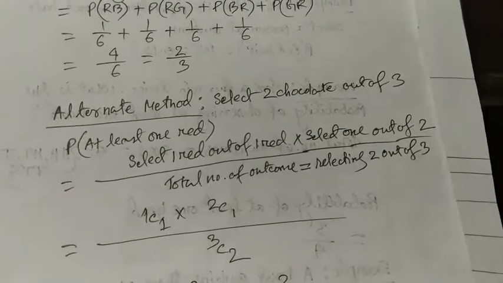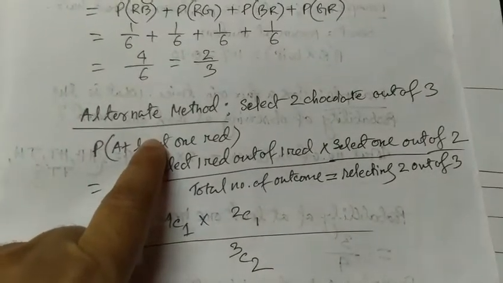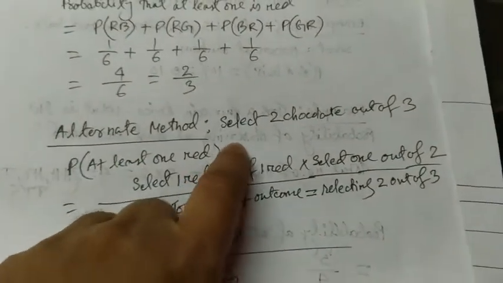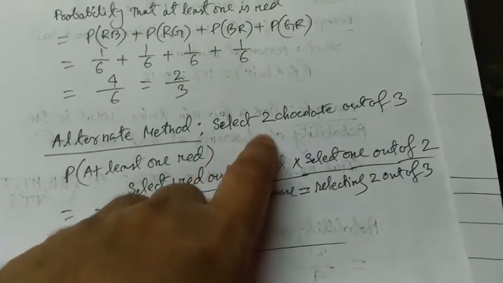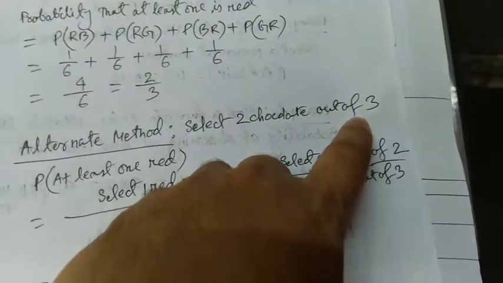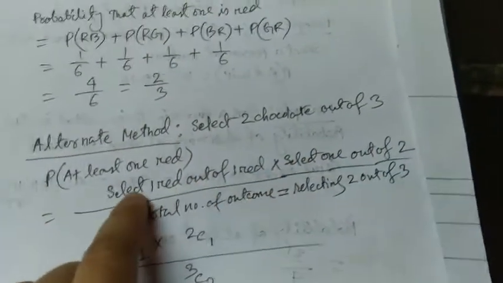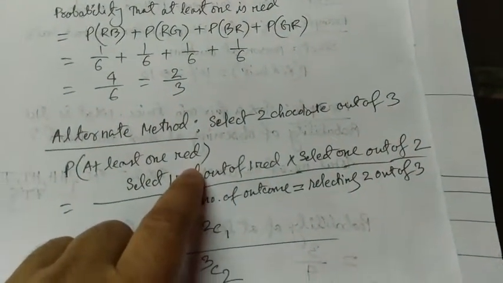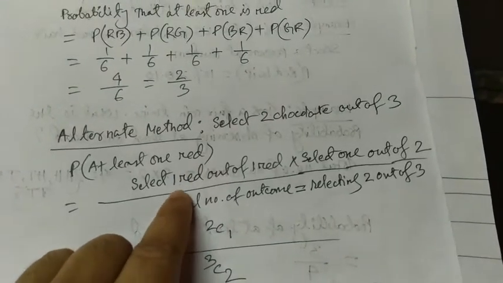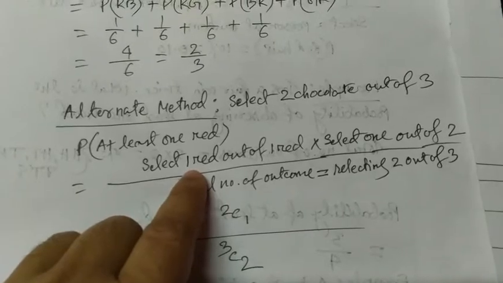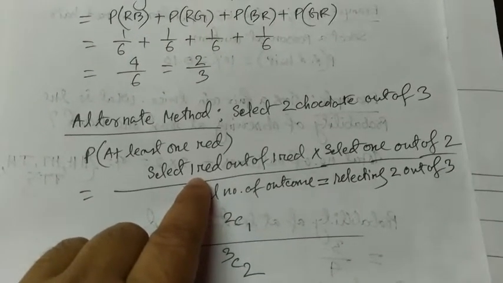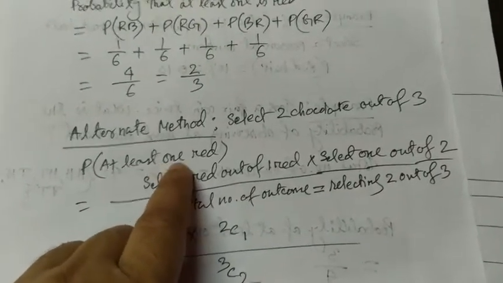Alternate method. We can solve the same problem with a shortcut method. Since the child will select two chocolates out of a total of 3 chocolates, this is how we can find the probability of at least one red. In the numerator, the child will select 2 chocolates, and we need at least one red.